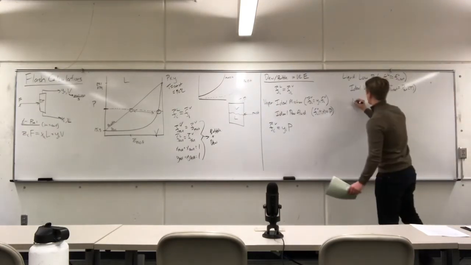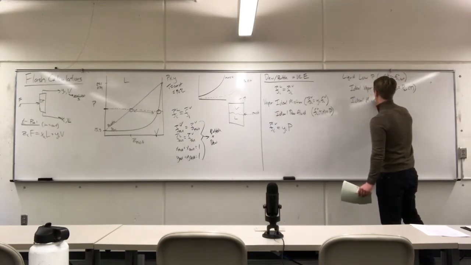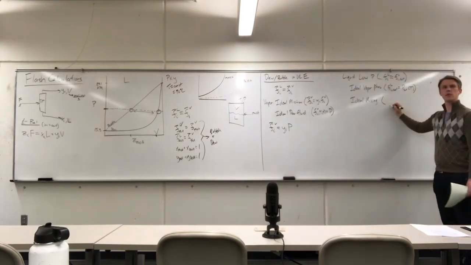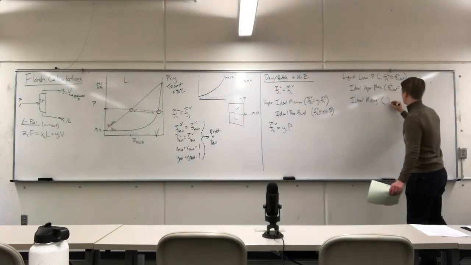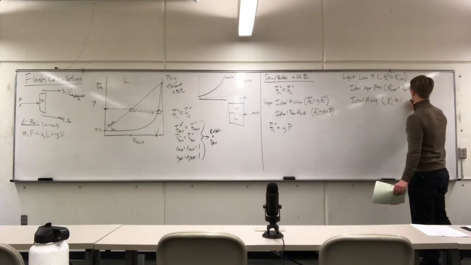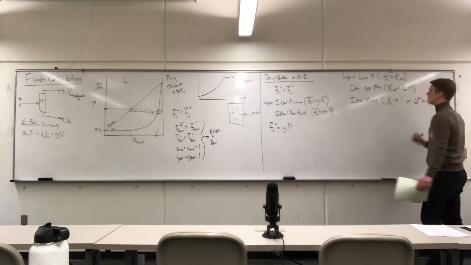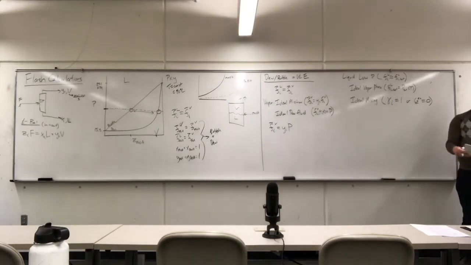The next one is ideal mixing. What can we assume if we assume ideal mixing in the liquid phase? The activity coefficient is equal to 1. Exactly. The activity coefficient is equal to 1, or the excess Gibbs energy is equal to 0, meaning that there is no enthalpy of mixing, and the entropy of mixing is exactly ideal.